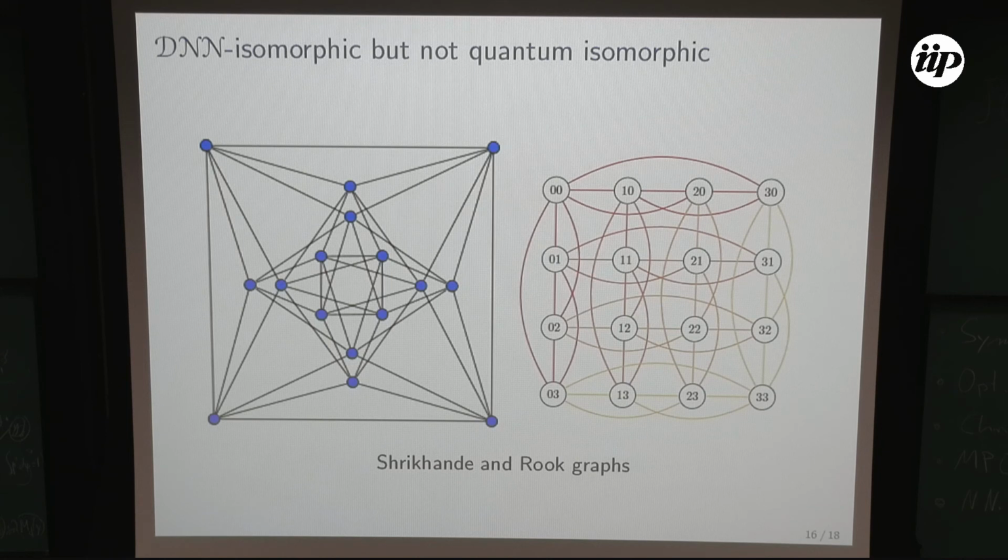So I guess the rook graph is the moves a rook can make on a chessboard. They are DNN-isomorphic because they are one-walk regular and they are cospectral. And for any such pair of graphs, we know that they are DNN-isomorphic. And they are not quantum isomorphic because we were able to show that if you look at the complements of these graphs, then they don't have the same quantum chromatic number.